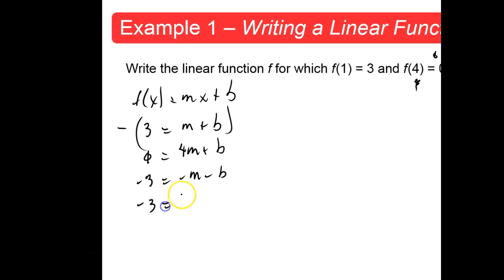Negative 3 is equal to 3m. The b's go out. Divide both sides by 3, and you get m is equal to negative 1. You're absolutely right. That's one way to get the m. I'll show you a different way in just a minute.